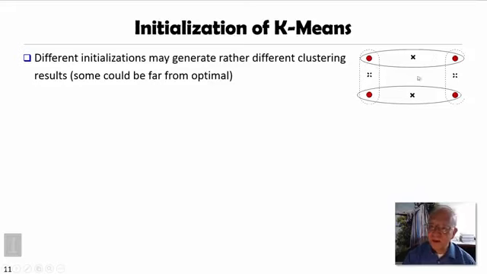Suppose we have only 4 points, and we want to find 2 clusters. If we initialize at the solid circles, that means these 2 points get into one cluster. If we give the centers like this, they will attract these 2 and these 2 into one cluster. Then it becomes stabilized, because when you calculate the center it is still here.